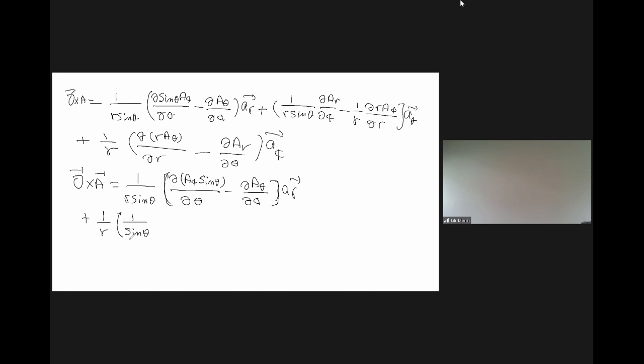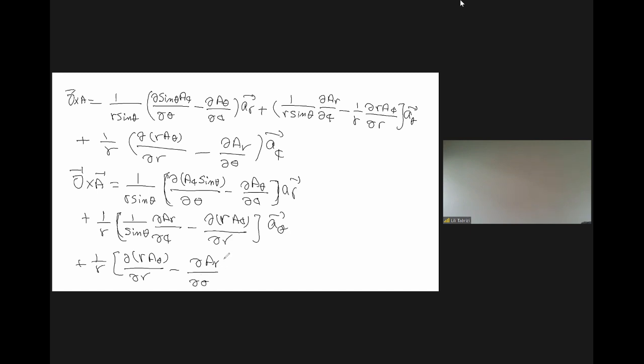It's nicer to use a bracket here. 1 over sine theta dA_r d phi, minus dr A phi, dr, A theta, plus 1 over r d r A theta, dr minus dA_r d theta, A phi.